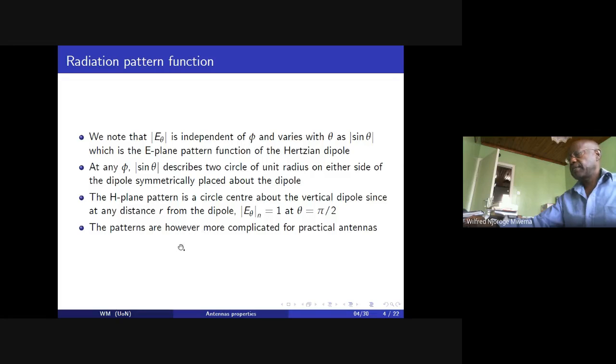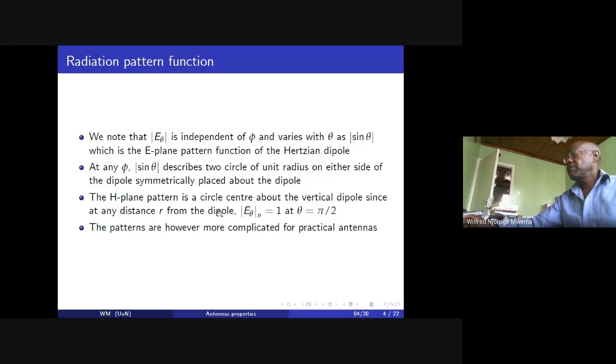And the patterns are, however, more complicated when we look at practical antennas, because practical antennas will have certain issues. We have talked about infinitesimally thin wires, that is filamentary currents.